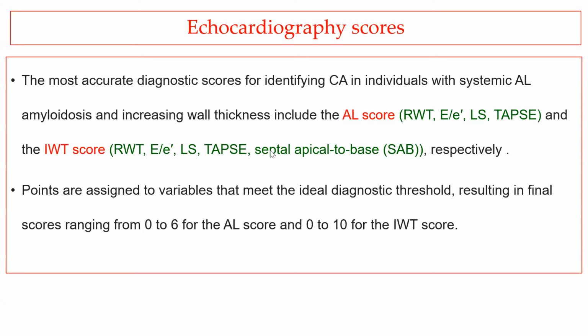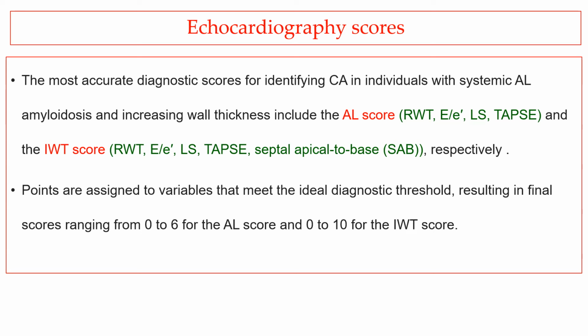These echocardiographic scores were developed to help in the diagnosis of patients with suspected cardiac amyloidosis, and in patients who have amyloidosis, to identify those with ATTR cardiac amyloidosis. The most important are the AL score and the inferior thickness score.